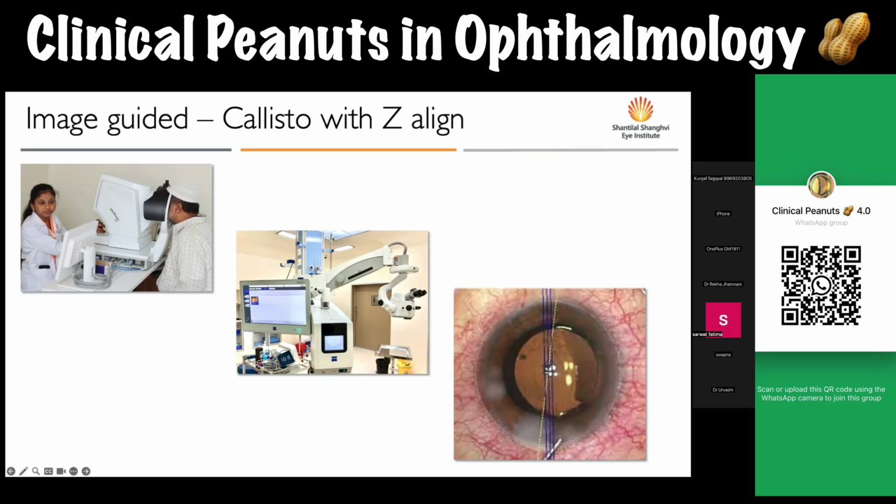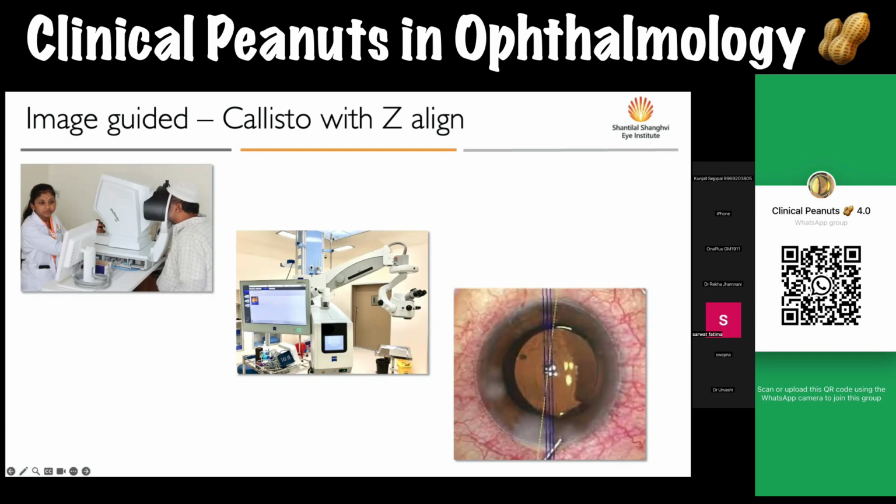If you have the IOL Master 700 as well as the Callisto Eye system in the OR, you can link the two, because the Callisto system has something called Z-Align, which is an eye tracking technology that overlays the previously captured image while biometry was being done over the live microscope image, thereby allowing accurate and markerless toric IOL alignment.